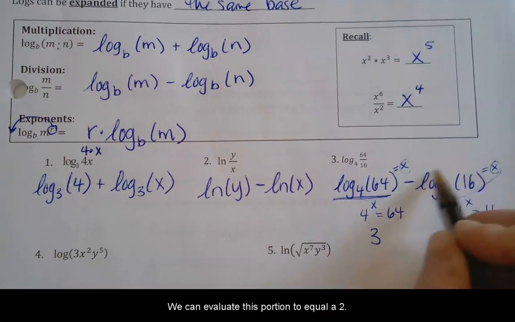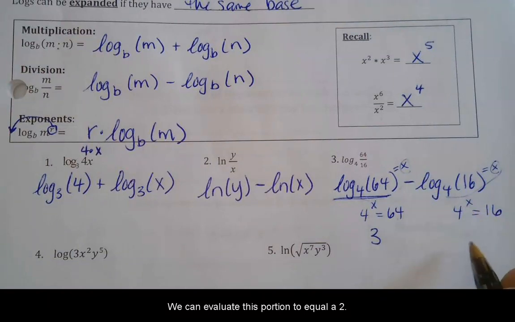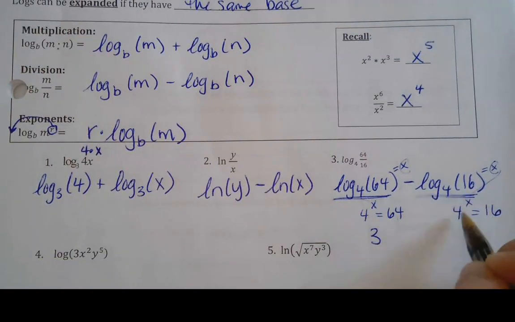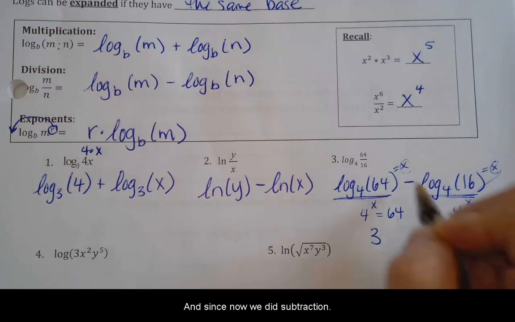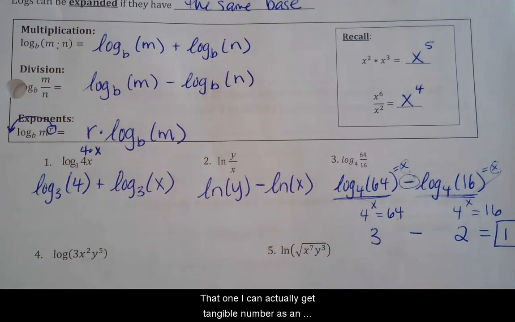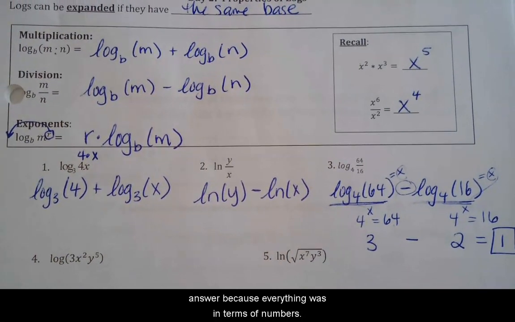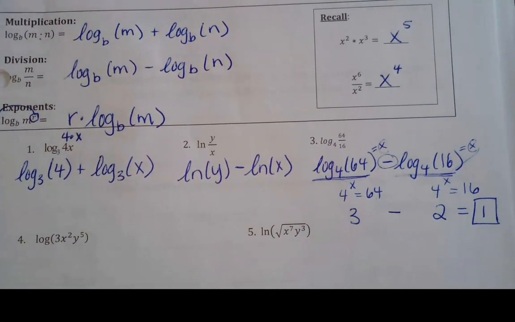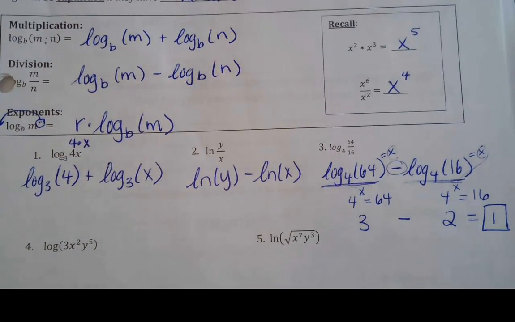And we can evaluate this portion to equal 2, because 4 squared is 16. And since now we did subtraction, 3 minus 2 is 1. So that one I can actually get a tangible number as an answer because everything was in terms of numbers.